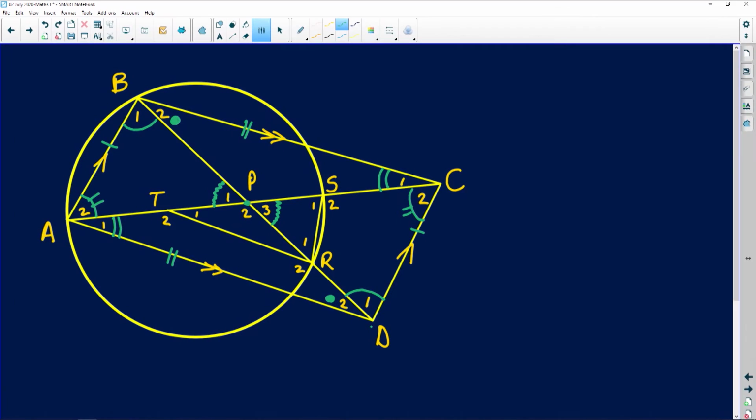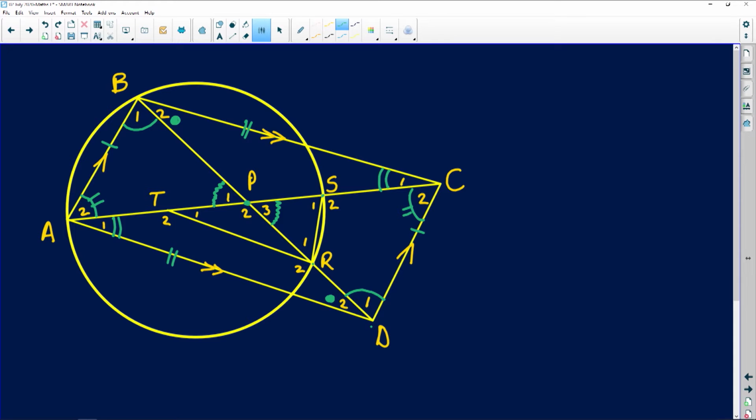PD and PC intersect the circle. So PD, here's PD, and PC intersect the circle at S, or at R and at S respectively, they tell us. Okay. T is a point on AP.